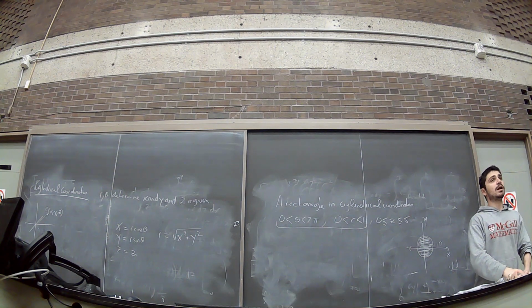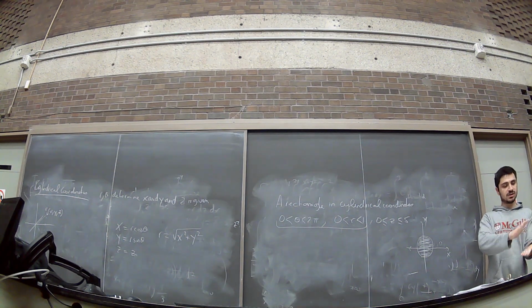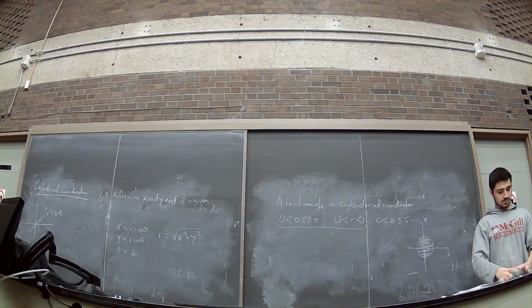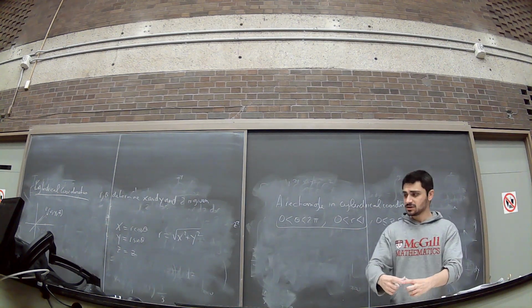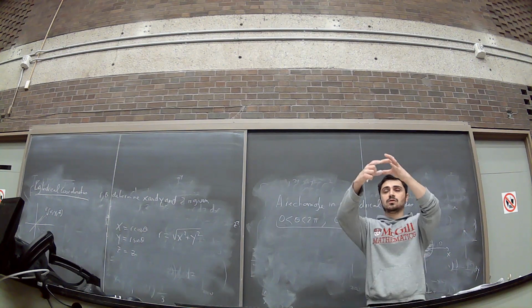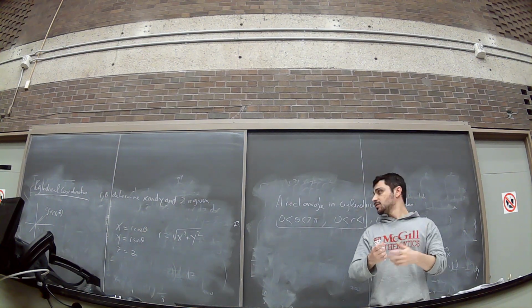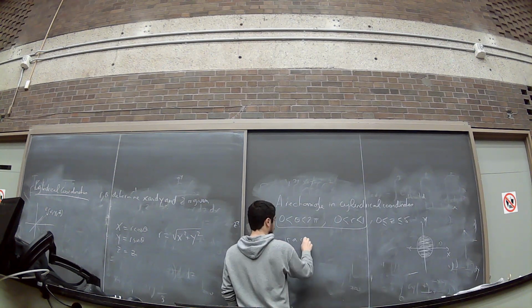Now, you allow z to vary from 0 to 5. So what are you doing with these disks? You're just stacking them on top of each other. You see this? What do you get? A cylinder. Take a disk and just go up. What do you get? A cylinder. In a cylinder, what is the height?